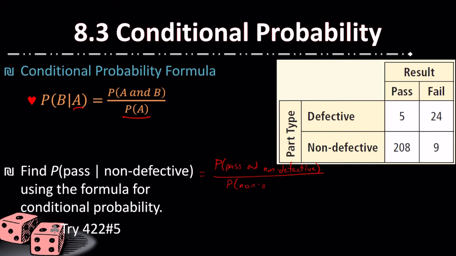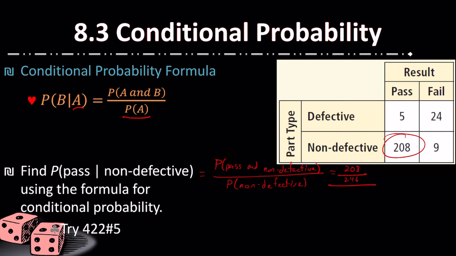So in this case, not defective. All right, so pass and non-defective would be that one. 208 over, well, what's our total? Our total, if I add them all together, is 246.